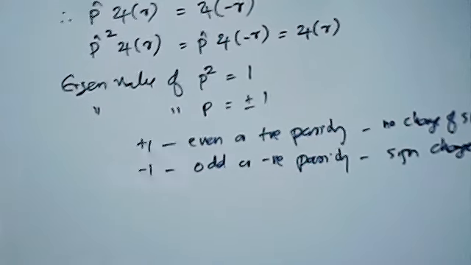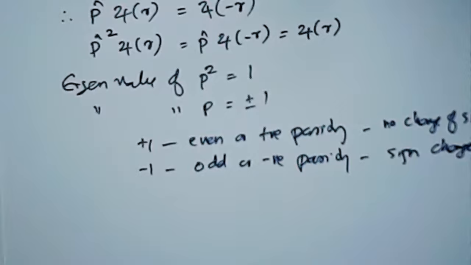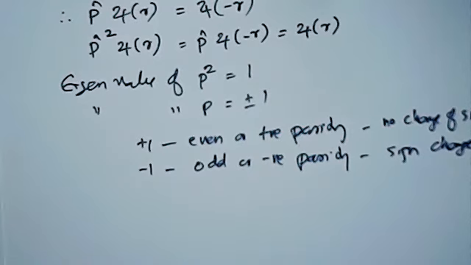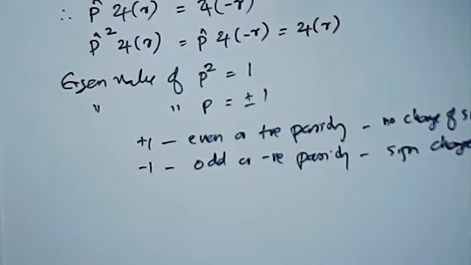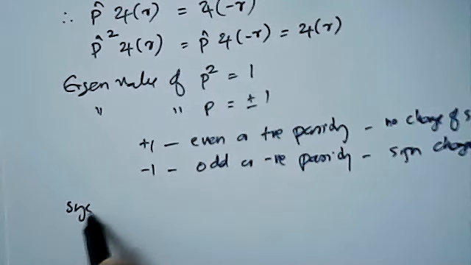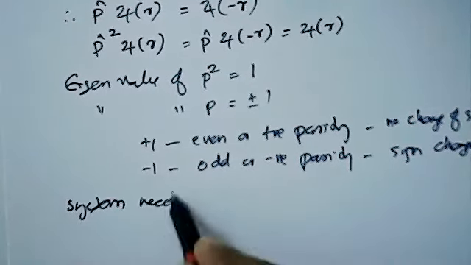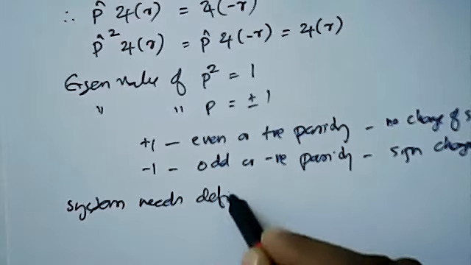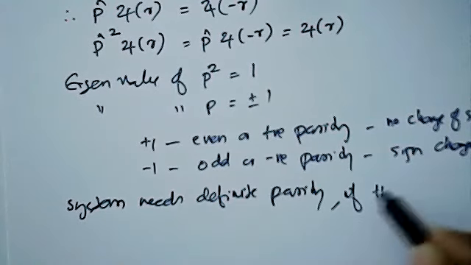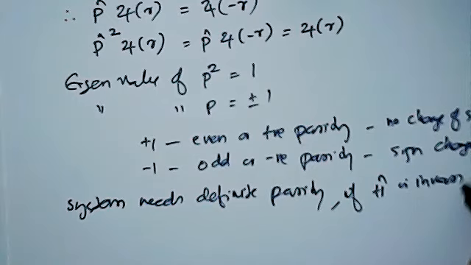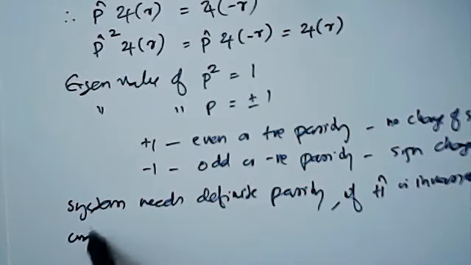So after a parity operation, if the system remains invariant, or the Hamiltonian remains invariant, the system has some definite parity. Every system has definite parity if the Hamiltonian is invariant under parity operation.